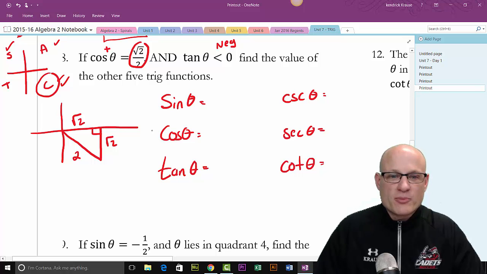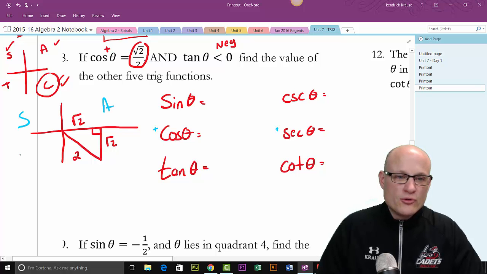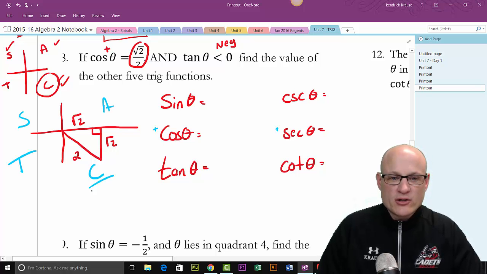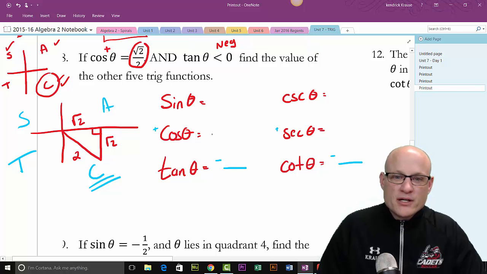Well, I know cosine's positive, and so therefore is secant. And we're in the fourth quadrant, and all students take calculus. Down here, only cosine's positive, so this is going to be negative. This is going to be negative. This will be positive, and this will be positive, and this will be negative, and this will be negative.